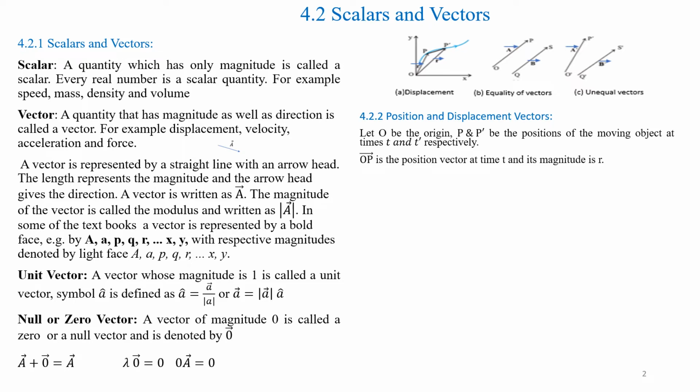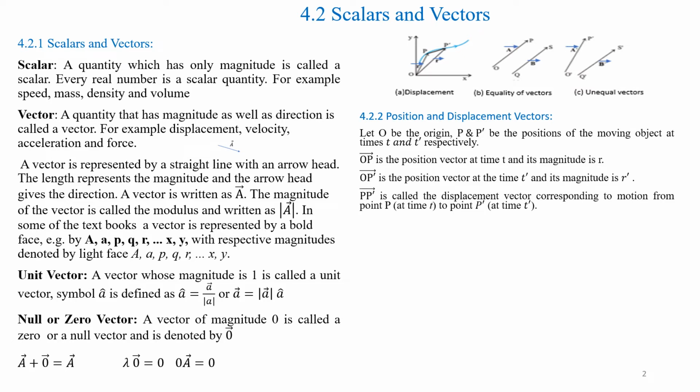OP is a position vector at time t. OP dash is a position vector at time t dash. Its magnitude is r, and position vector OP dash is represented by r dash, with magnitude r dash.